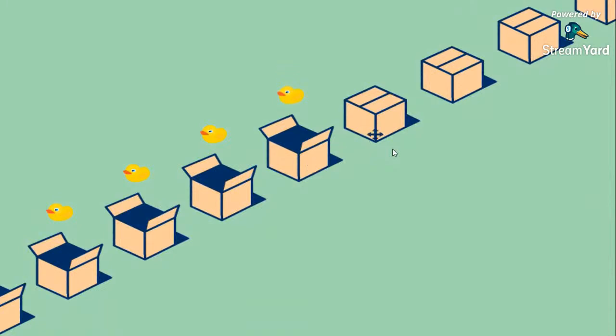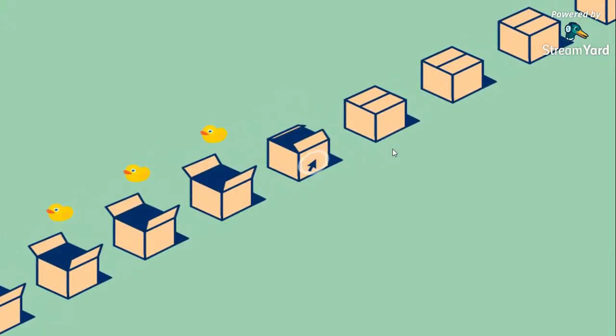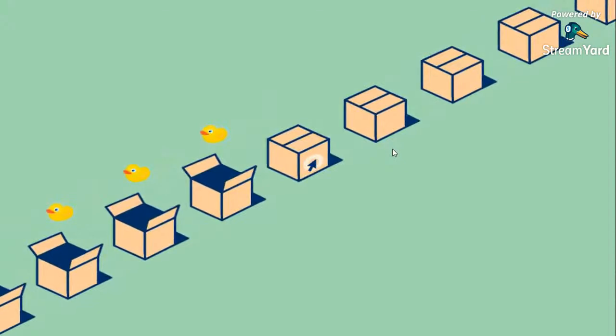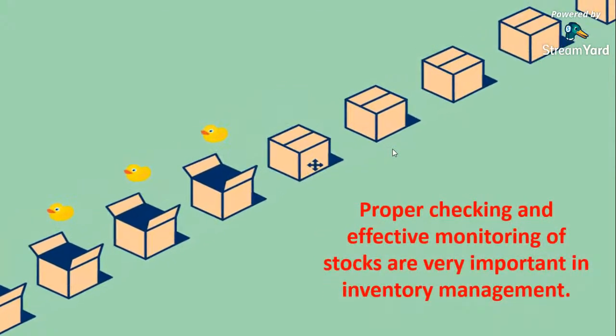Okay, as we proceed, kung mapapansin ninyo, I intentionally included the different boxes there sa presentation and then merong mga lumalabas sa kahon. And ano kaya ang ibig sabihin nung illustration na yan? Okay, this illustration pertains to proper checking and effective monitoring of stocks are very important in inventory management.